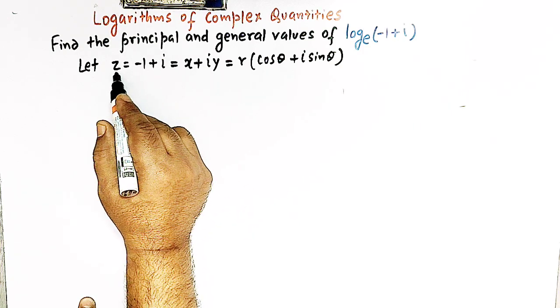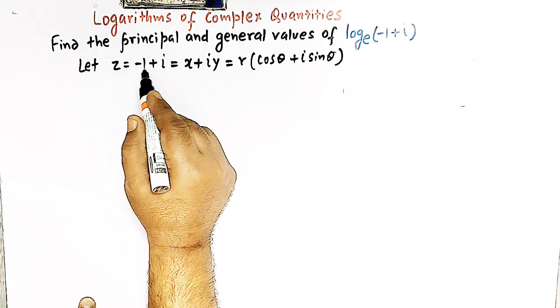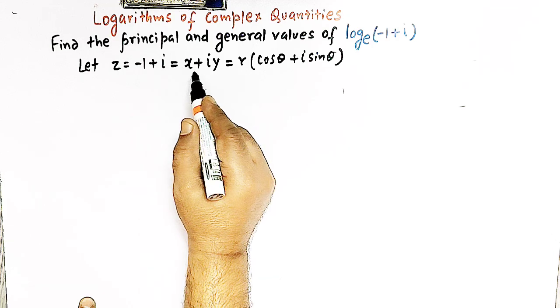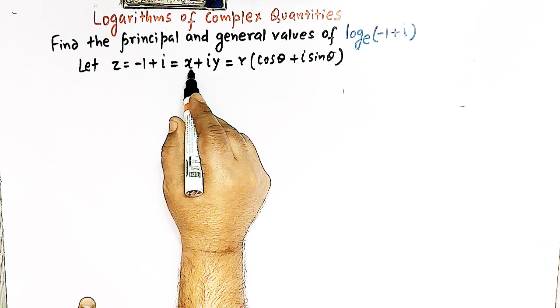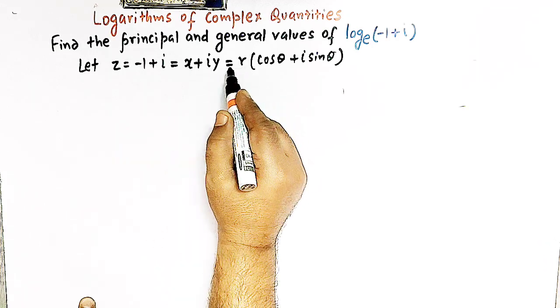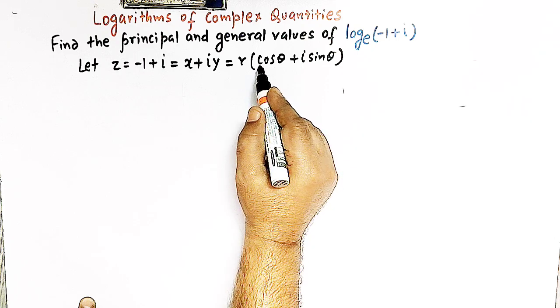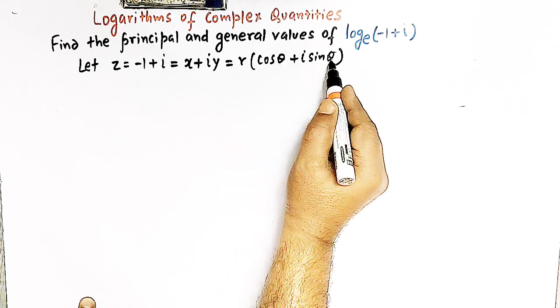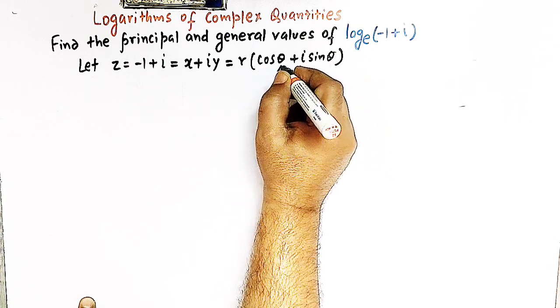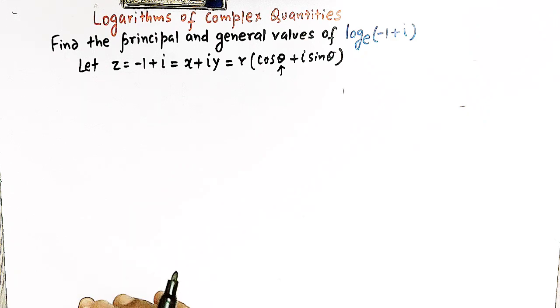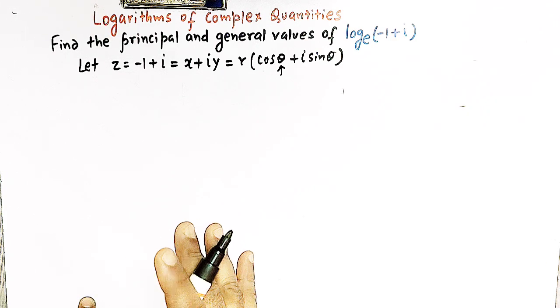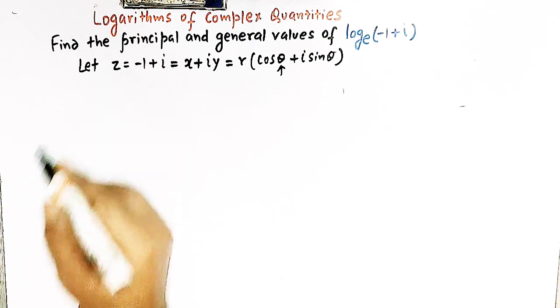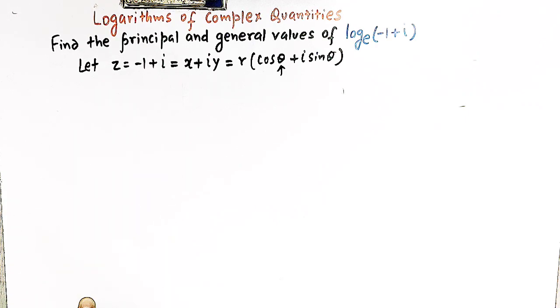So this complex number z is equal to minus 1 plus iota, then we can take it as x plus iy, that is equal to r times cosine theta plus i sine theta, where theta is the argument or the principal argument or the principal value of the argument of this complex number z, right?